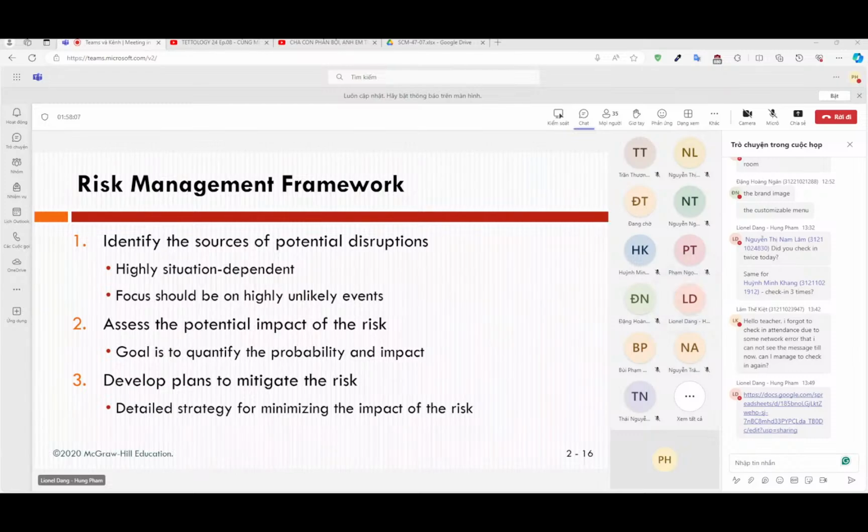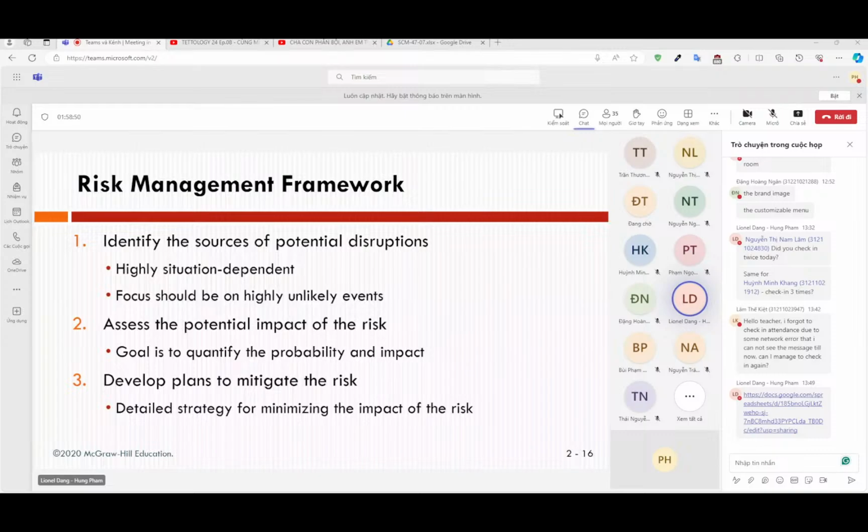Yeah. What I've just said is that the first thing you have to do is identify the sources of potential disruptions. This involves brainstorming on the possible things that could go wrong in both the internal and external environment of your company. And then you have to assess the potential impact of that specific risk, how likely it could occur and how much damage it could cause to your company as well.